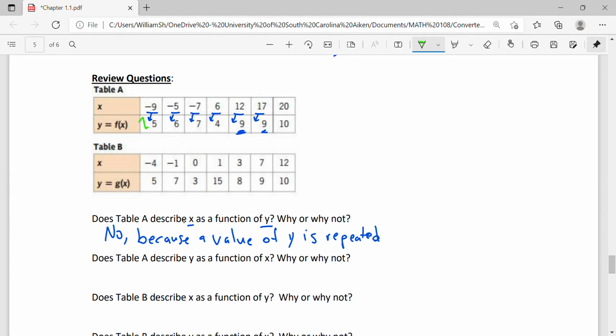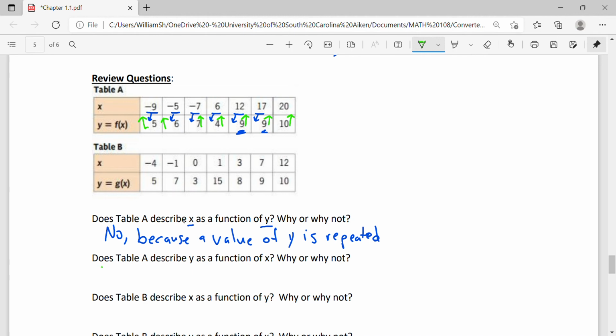So if I look at it here, 5 goes to negative 9, 6 goes to negative 5, 7 goes to negative 7, 4 goes to 6, 9 goes to 12, 9 goes to 17, and 10 goes to 20. I have no repeated x's here. So because I have no repeated x's here, I do have a function. Okay?